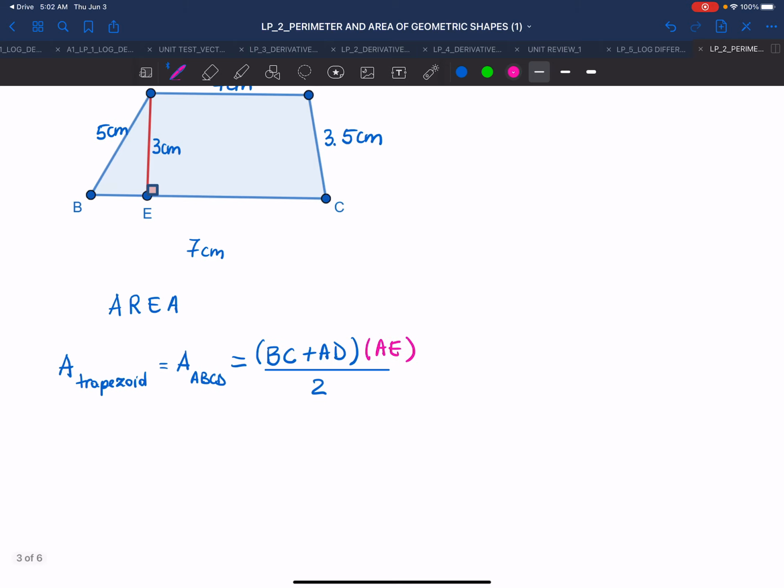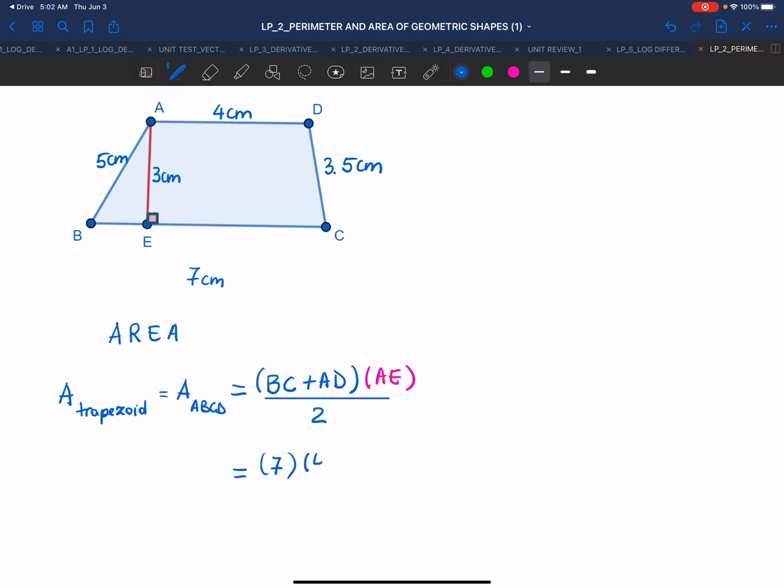Now substitute. BC is 7, AD is 4, AE is 3, and all this divided by 2.